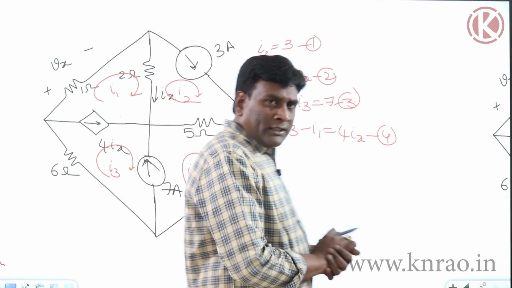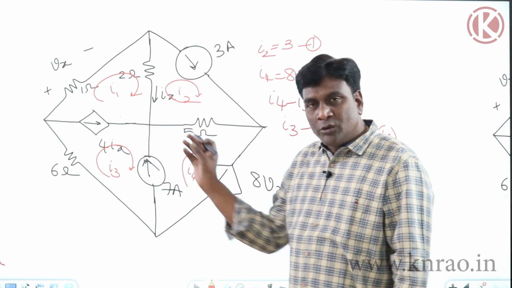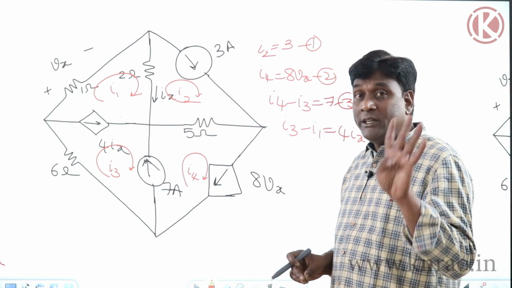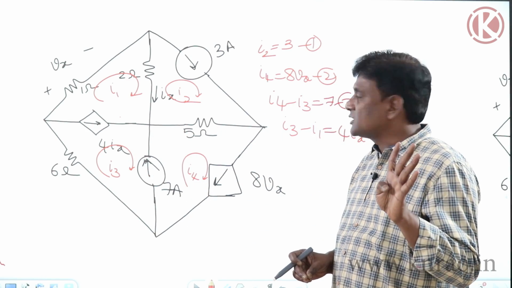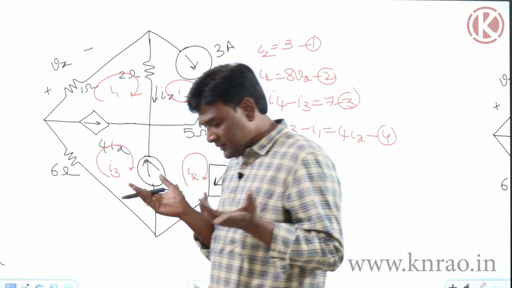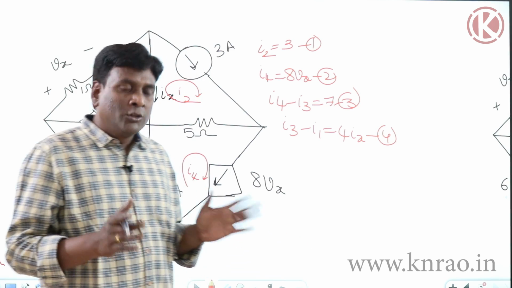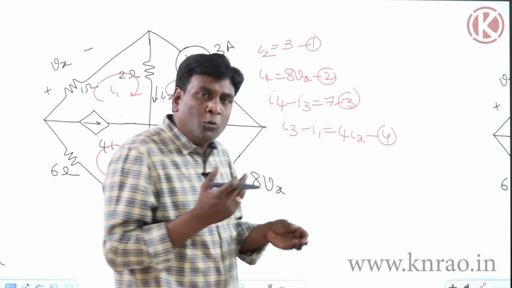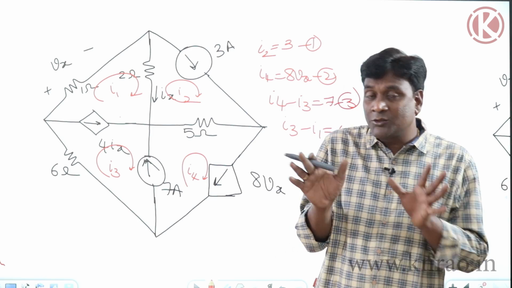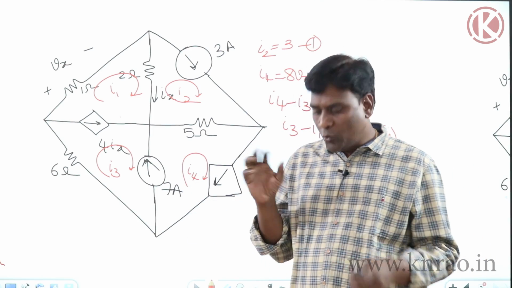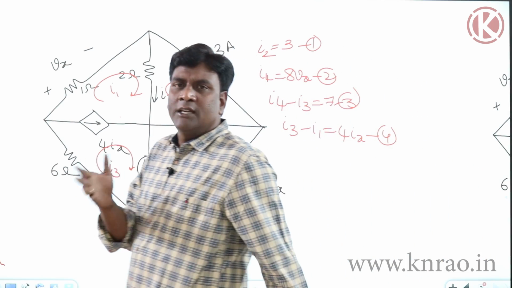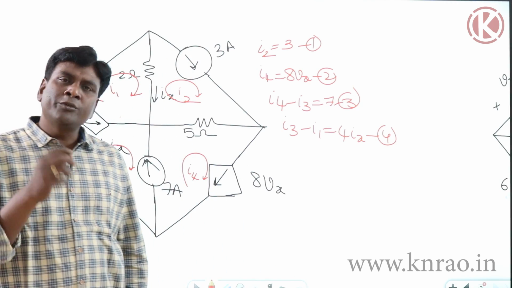The same network, if you try to apply nodal analysis, 4 equations have to be solved. But with mesh analysis, I need not apply KVL at all. I'm speaking roughly now in a course, it is not fine tuning; gradually once we get the problems, we are going to fine tune that.